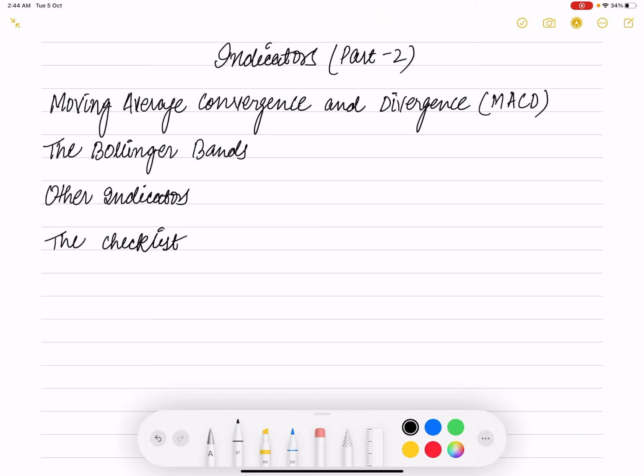The BB has three components: the middle line, which is the 20-day simple moving average of the closing price, the upper band, which is plus standard deviation of the middle line, and the lower band, which is minus standard deviation of the middle line.